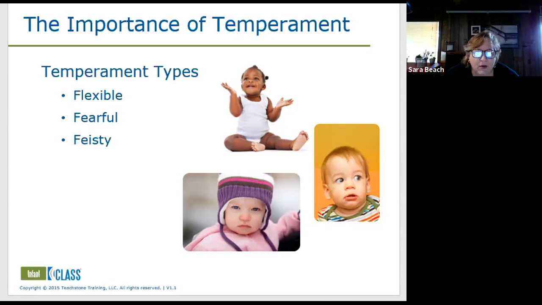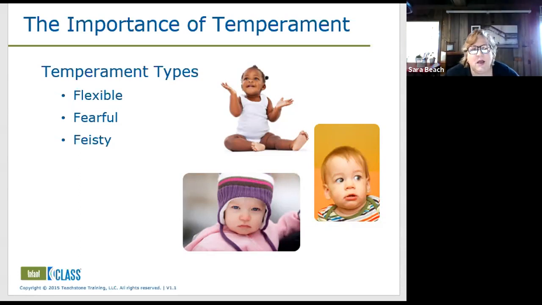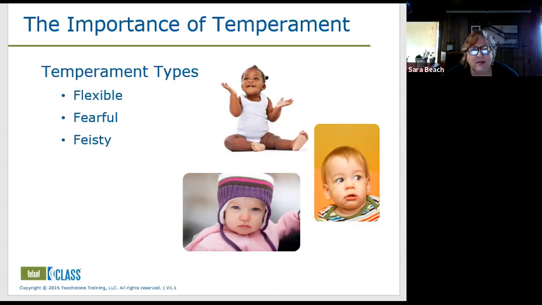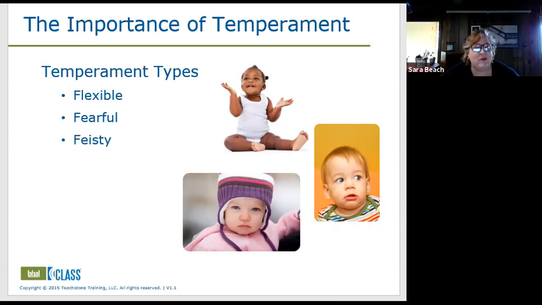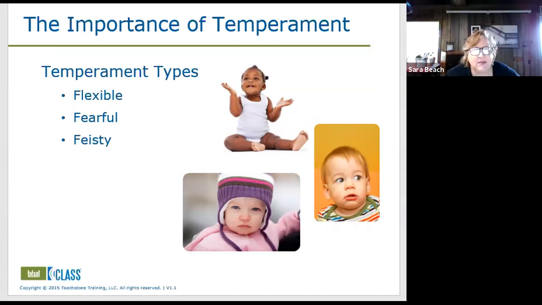But I see this more in less experienced teachers: they struggle with the more feisty babies, and it takes quite an experienced teacher to know just what that child needs and to be able to meet its needs quickly. Like Sandifer was saying, her teacher in her infant room has been doing it for years and years and years, and she's got it down. It's wonderful to see, isn't it?